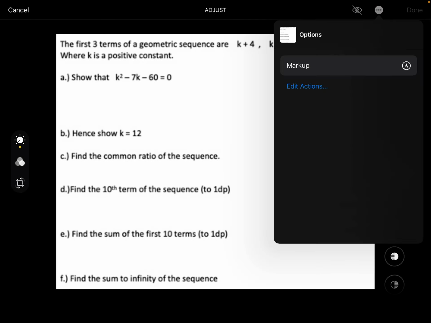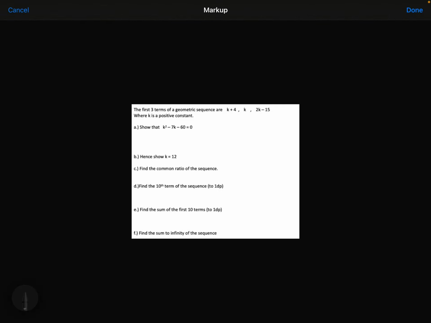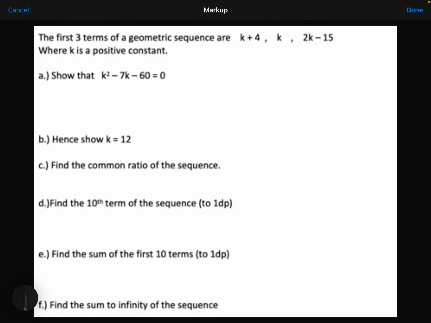Right, let's have a look at an example of an exam type question with a geometric sequence. The first three terms of a geometric sequence are k plus 4, k, and 2k minus 15, where k is a positive constant. I need to show that k squared minus 7k minus 60 is equal to 0.